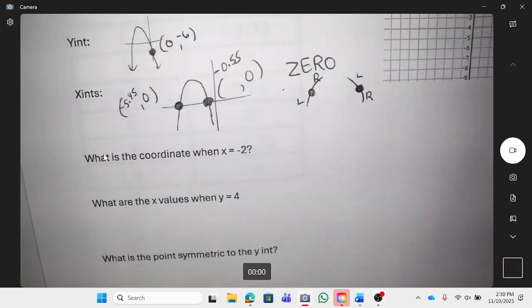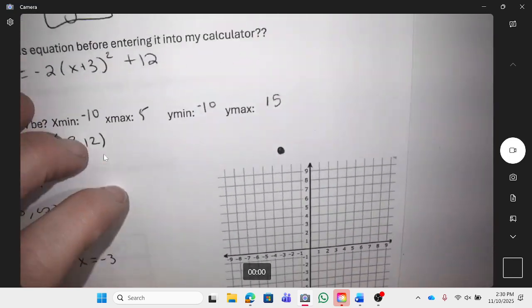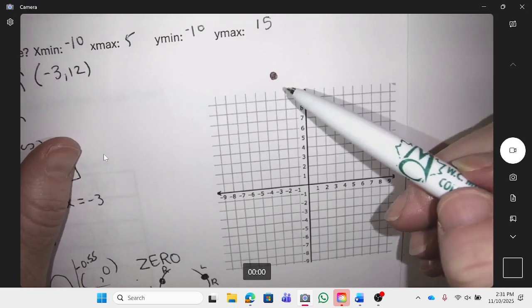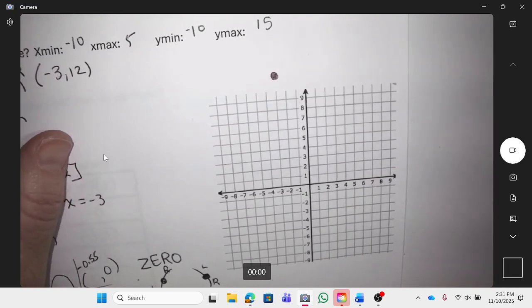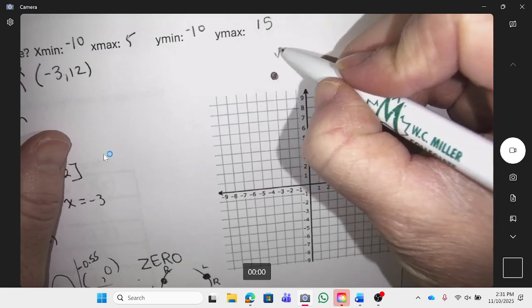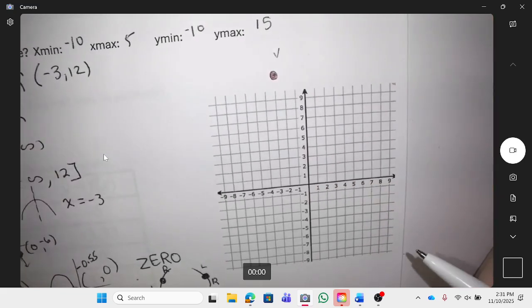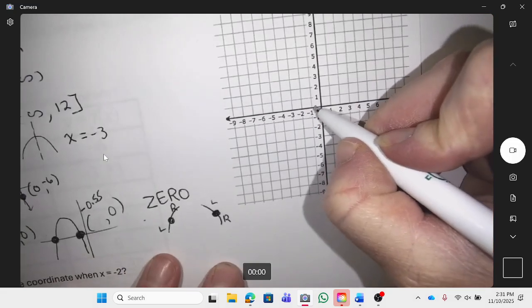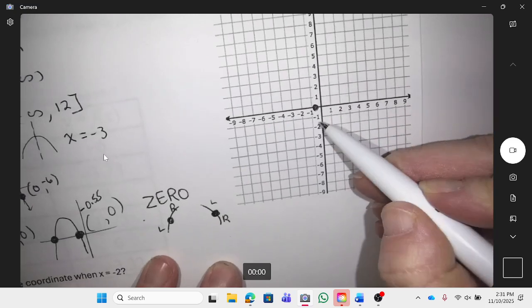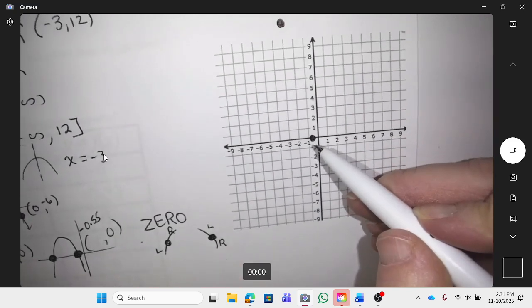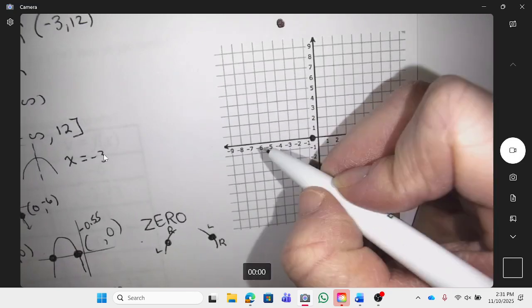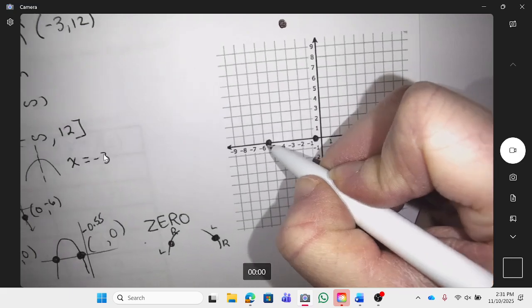I've given you. So what do I know on the grid? I know -3, 12. It's a little bit off, but can you write it up there? Remember, that was our vertex. And then negative 0.5-ish right there. X-axis, right? Negative 5 and some.